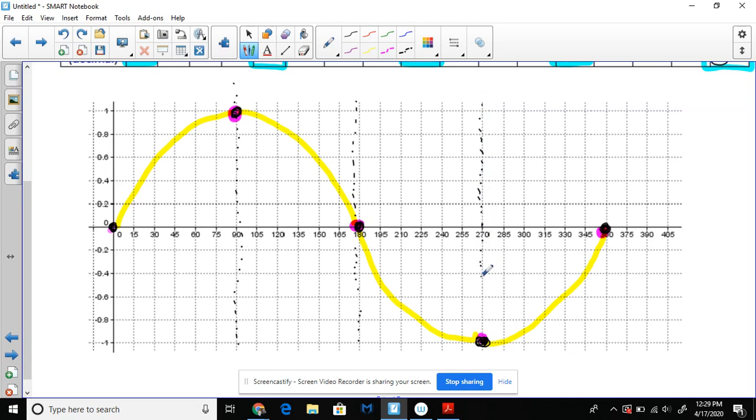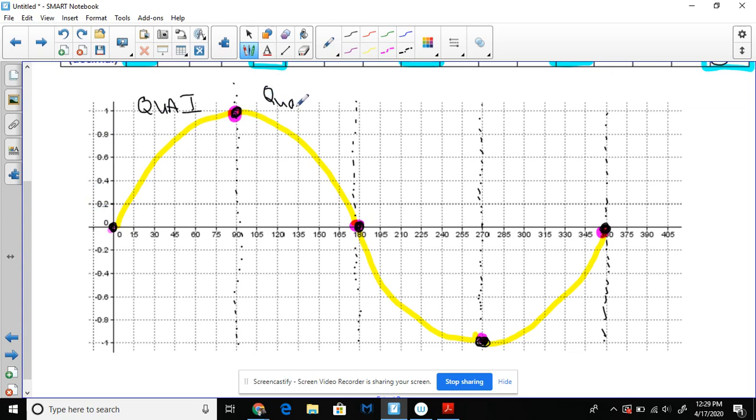I can swing my terminal arm into 4 quadrants, right? So this is quadrant 1. Now if you remember in quadrant 1 sine is positive, and obviously if I look at the graph here, sine is positive.